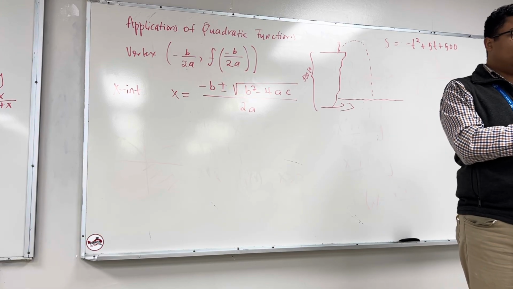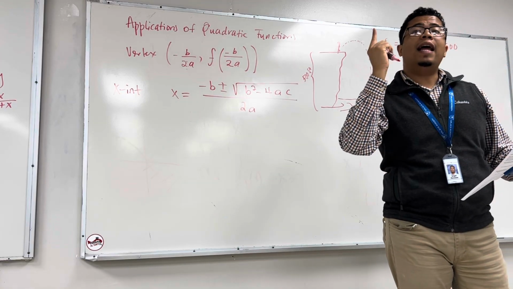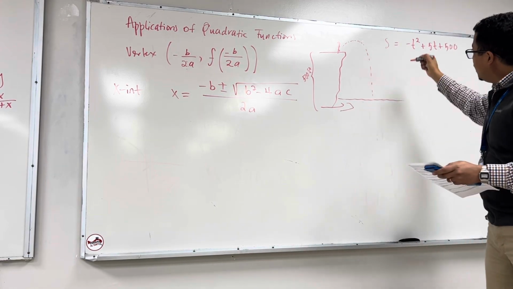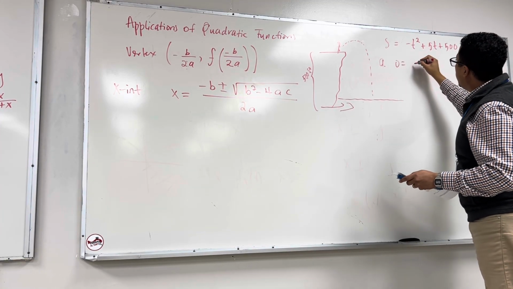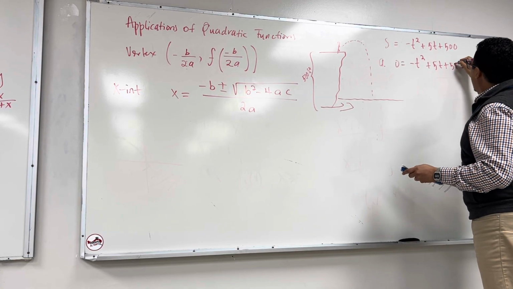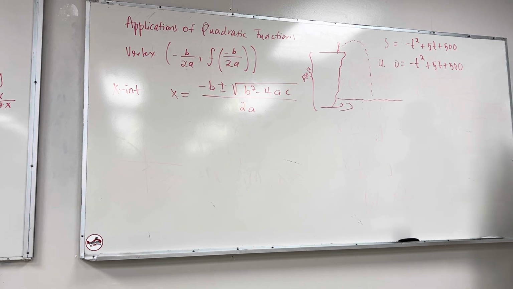Because that would be when the pebble hits the water. That's the final. So what's T when S is 0? All right. So this means that to answer A, I'm going to say A, 0 equals minus t squared plus 5t plus 500. Right? Now, any questions so far?